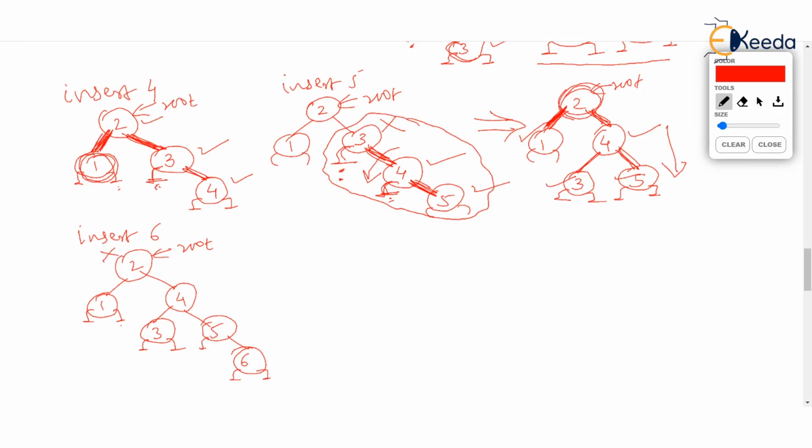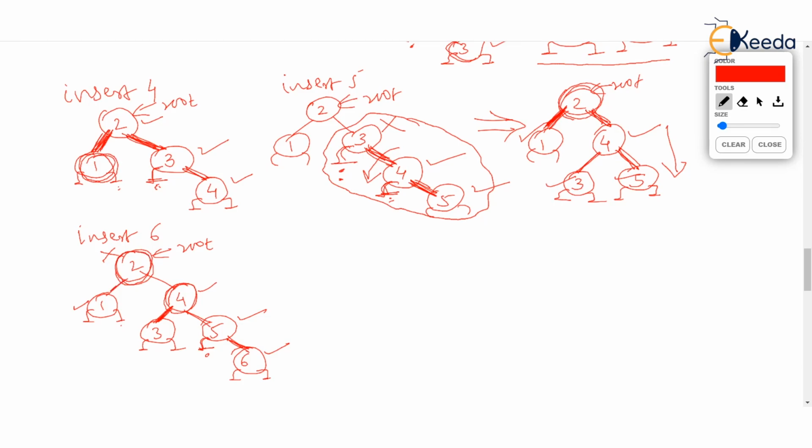Check from bottom level. 6 is balanced. It is leaf. 5 is balanced. Just difference of 1 between left and right. So allowed. 4 is balanced. Because difference of 1 minus 2 levels at the right is allowed. 1 is anyway leaf. All these nodes are balanced. But check the root node now. 2.